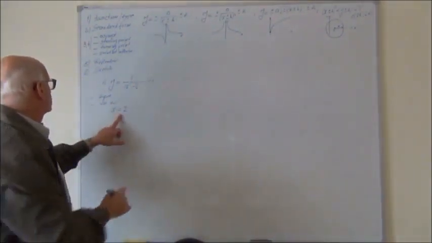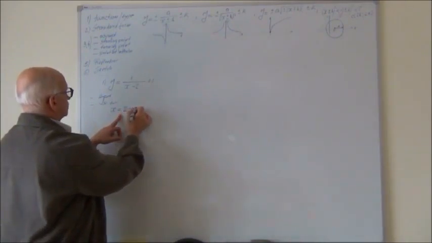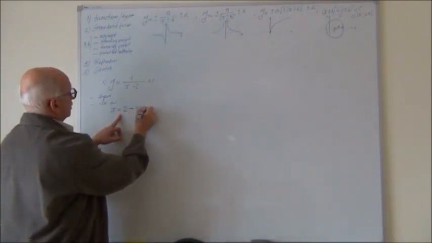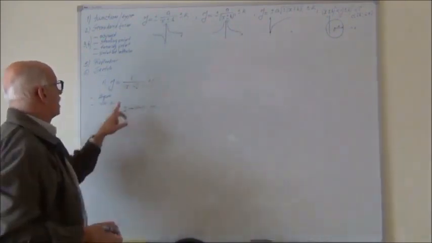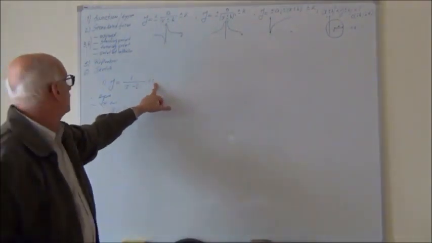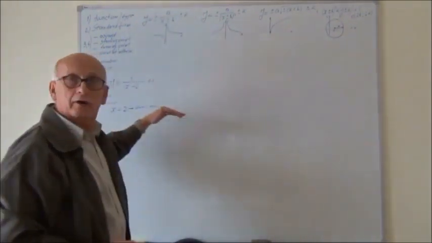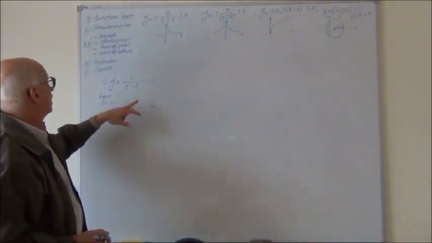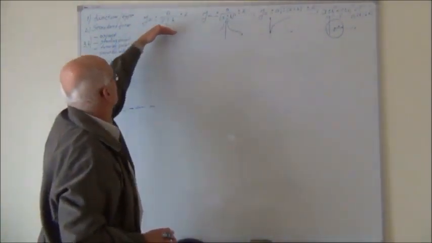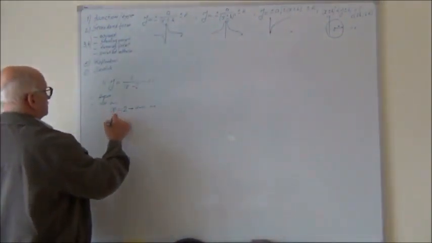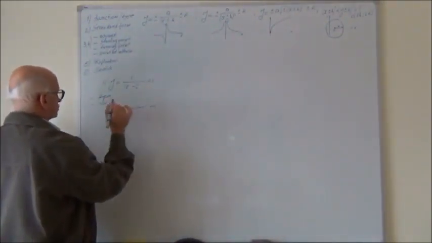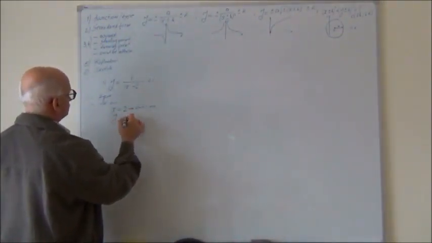So this is the vertical asymptote. This other number is vertical translation, moving the graph up or down, so it must be the horizontal asymptote, y equal 1.